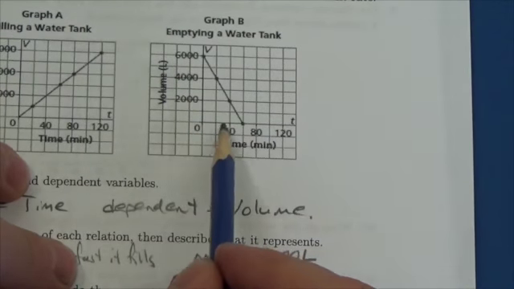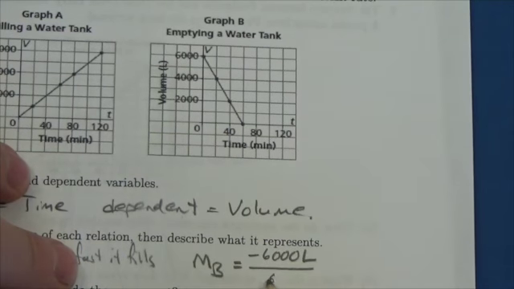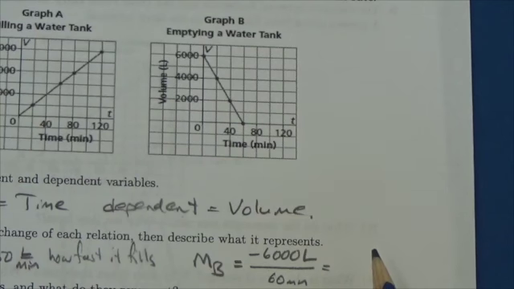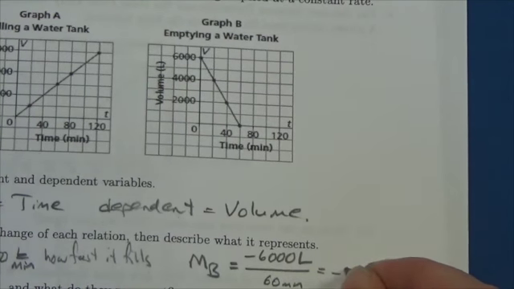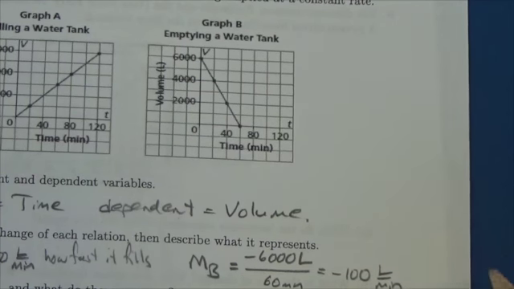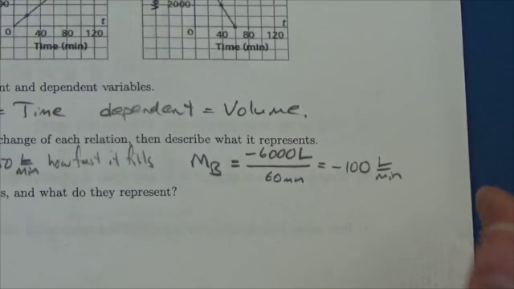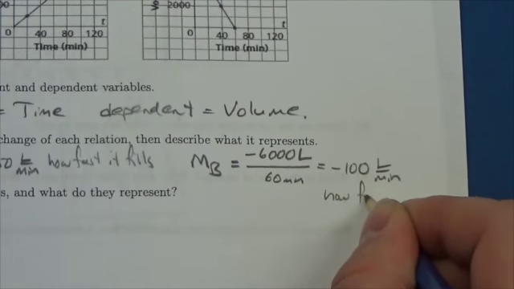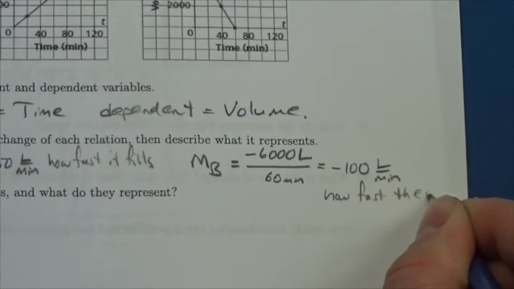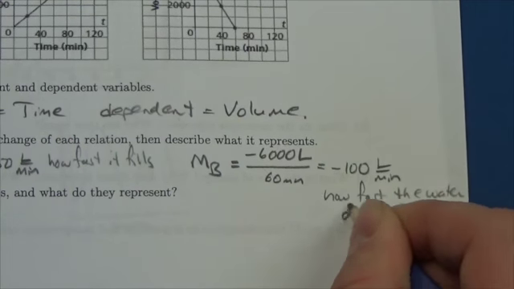From 0 to, well, that's going to be 60 minutes. So what we're getting here is 6,000 divided by 60. Essentially, we've lost 100 liters per minute. So what does this represent? This represents how fast the water drains.